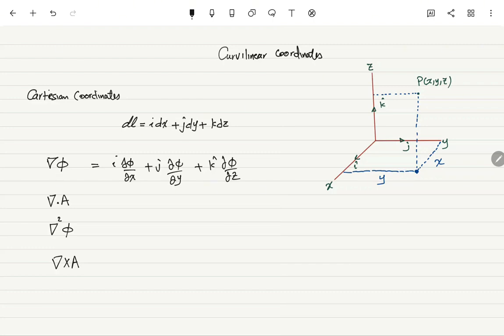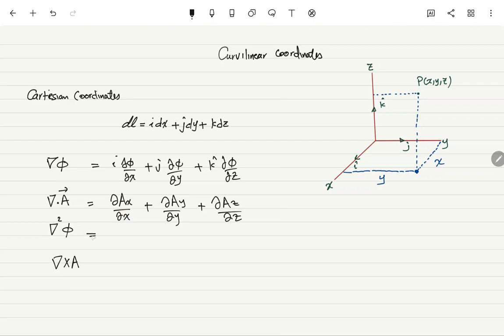In Cartesian coordinates, divergence A equals partial Ax partial x plus partial Ay partial y plus partial Az partial z, and the divergence of A, the resultant, is a scalar quantity as we can see here.